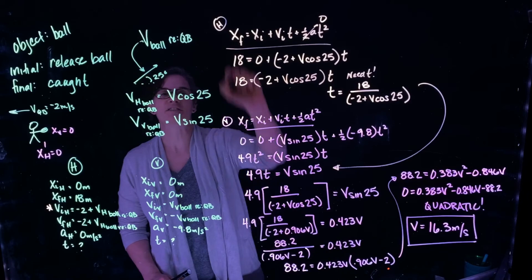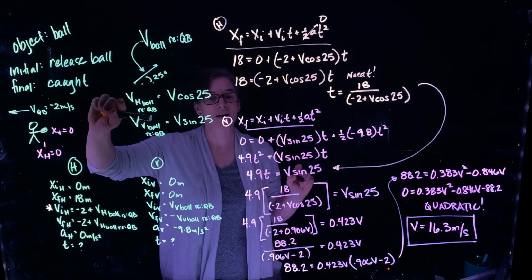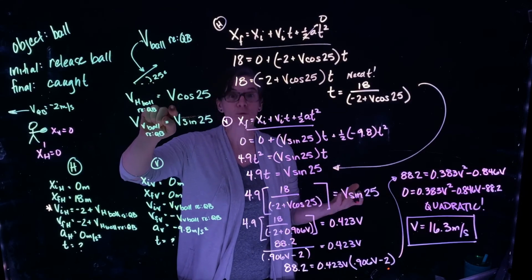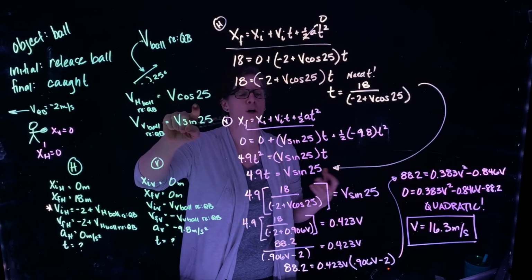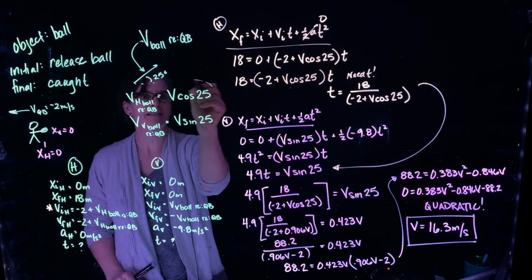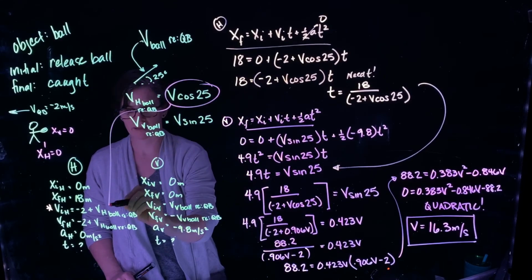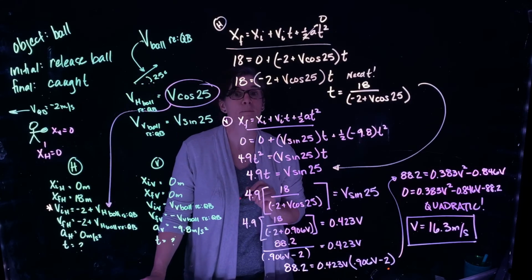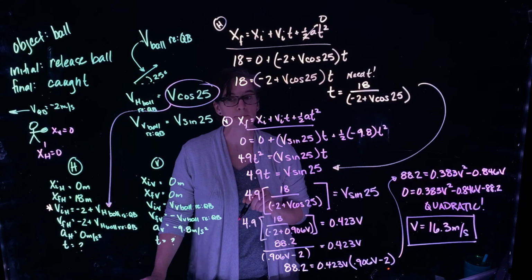The other key feature is recognizing that the horizontal component of that ball relative to the player is the actual velocity relative to the player times the cosine of 25. So we can use this relationship for that part of my ball's velocity horizontally.